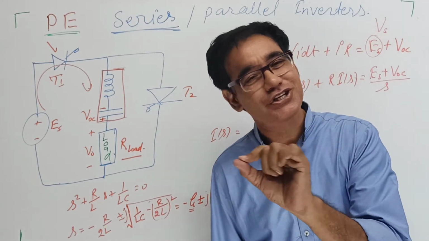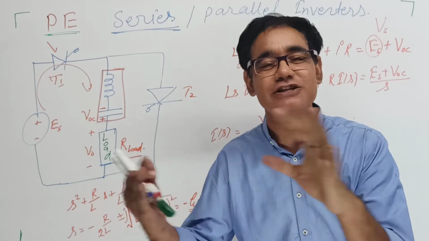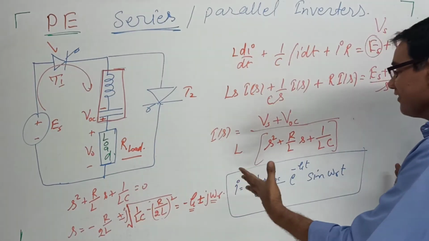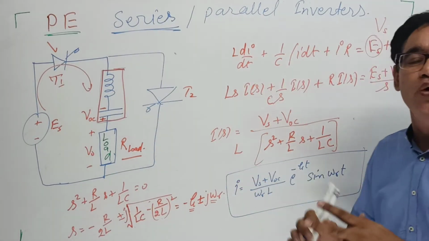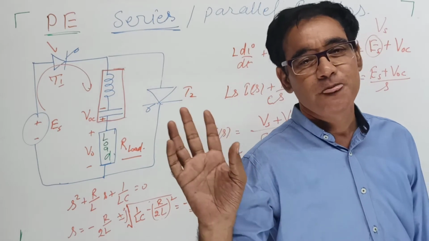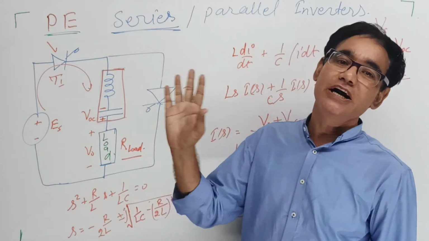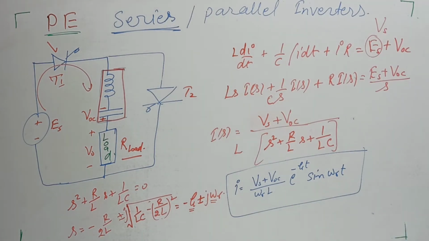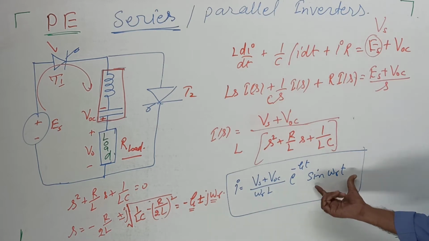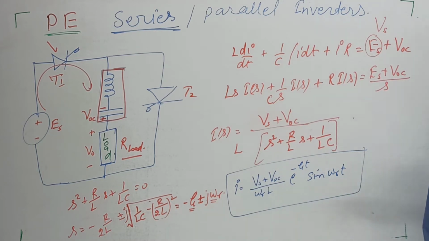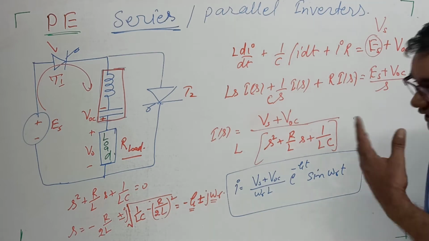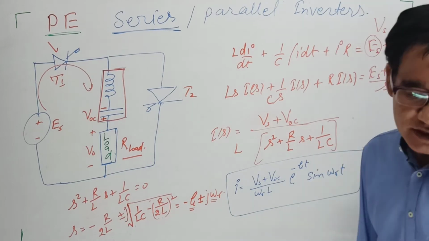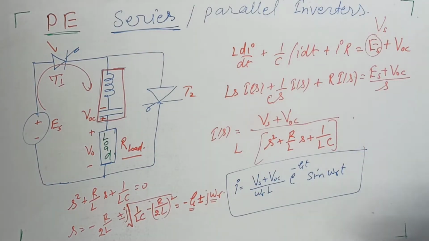The derivation of the total solution of the circuit, how we will find this equation, you will find in network theory for underdamped RLC circuits. So this is the final solution, with xi and sine of omega r t. This kind of current will be set up in the circuit, and it is an underdamped circuit.